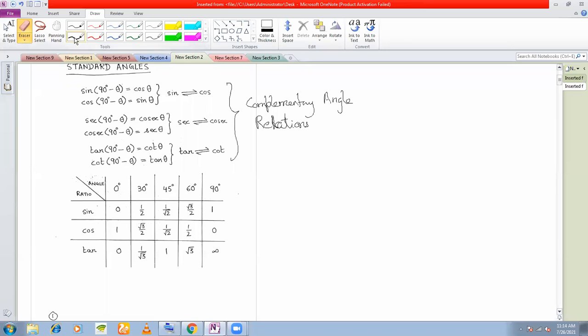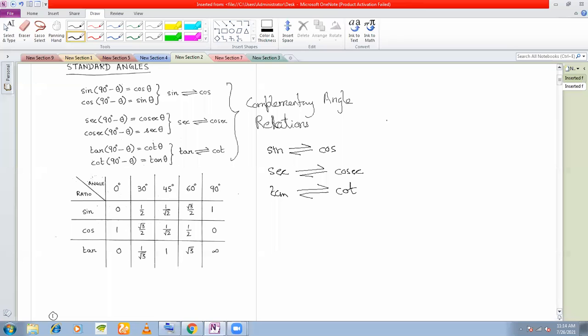Complementary angle relations, these are called. In this, what happens? You can change sine to cos or cos to sine. You can change sec to cosec or cosec to sec. And you can change tan to cot or cot to tan. Okay, just remember this.